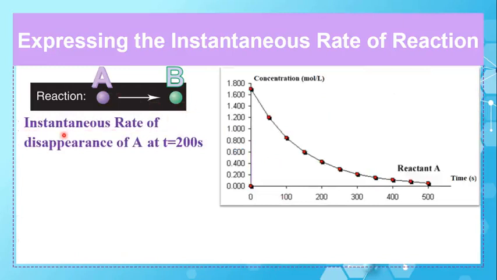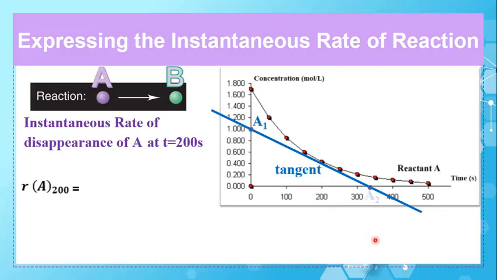To determine the instantaneous rate of disappearance of A, which is a reactant, at T equal to 100 seconds, we draw the tangent to the curve at T equal to 100 seconds. We choose 2 points on this tangent, A1 and A2.